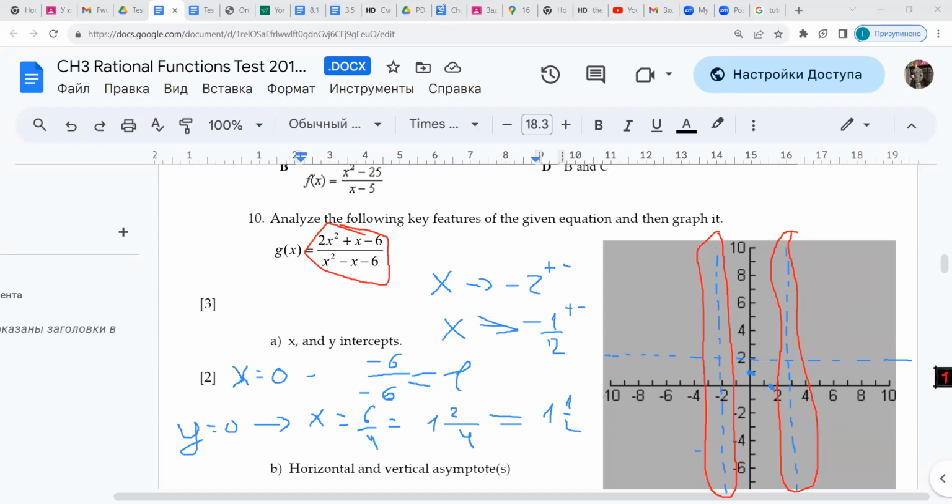Anybody? Okay, Hala, did you find the behavior of the function around -2 and around 3? This is our second vertical asymptote, 3.